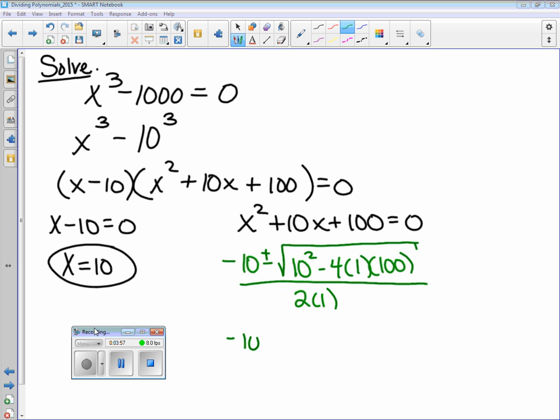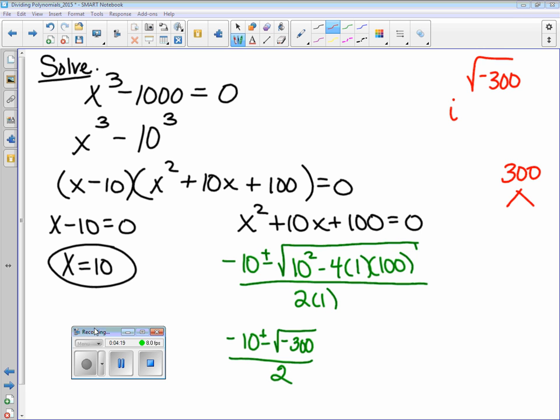And when I do that, what do I get? What is 100 minus 400? Negative 300. And what I need to do to reduce negative 300, we're going to reduce that radical. We know that the i comes out. We can, if you want to, make a factor tree, that makes it easier for you. 3 times 100, 10 times 10.